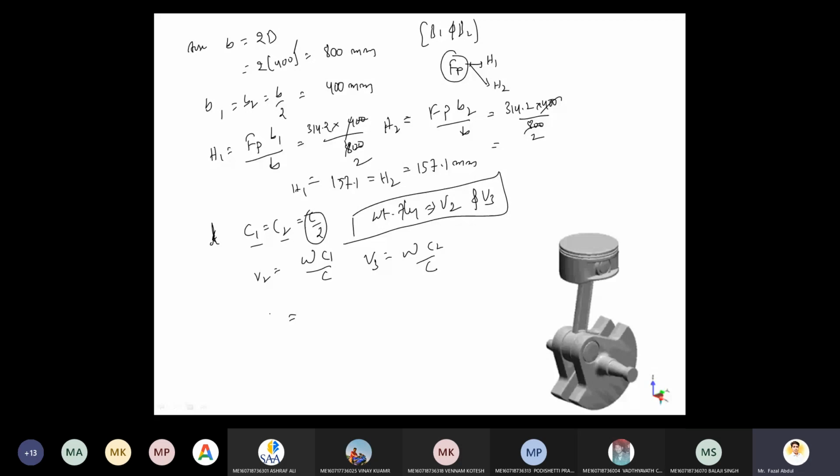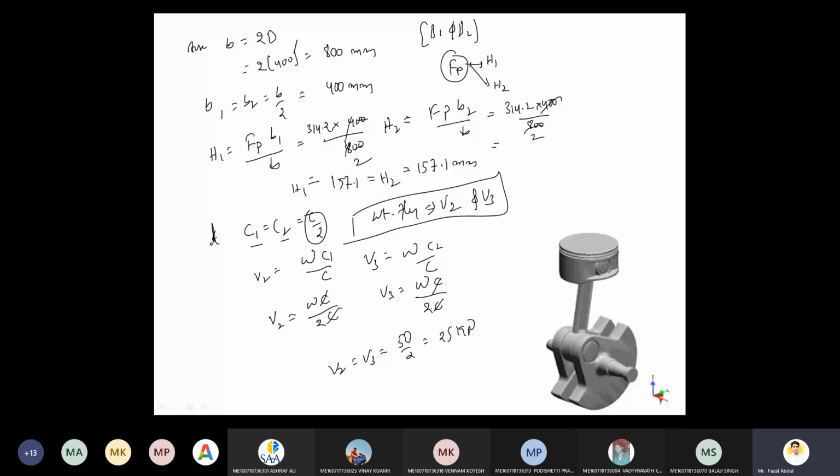So V2 equals W into C by 2C, and V3 equals W into C by 2C. C and C get cancelled, so V2 and V3 are both the same. The weight of the flywheel is given as 50 kilonewtons. 50 by 2 is 25 kilonewtons. We got V2 and V3.